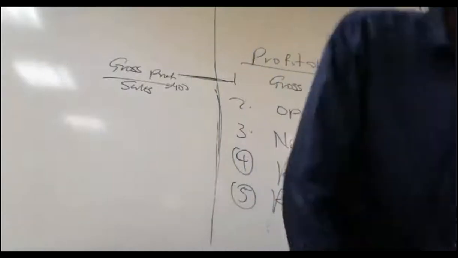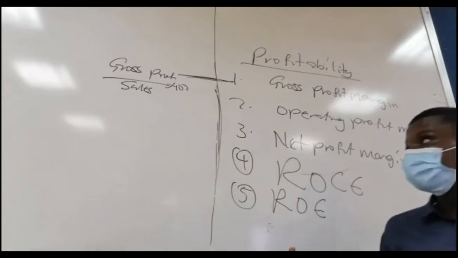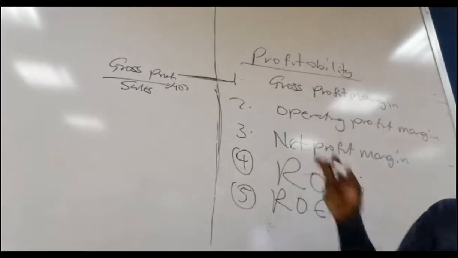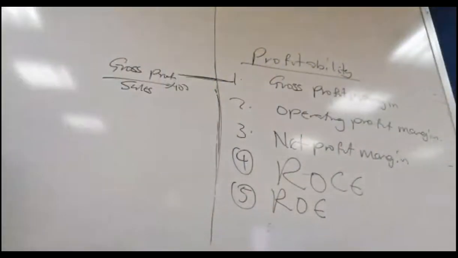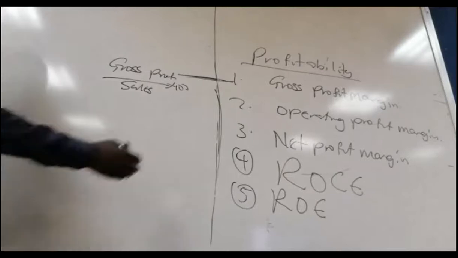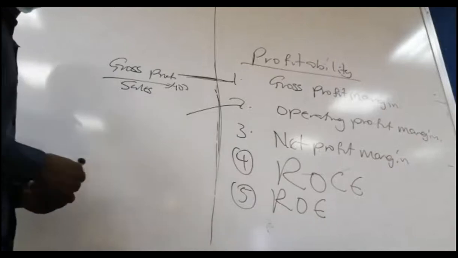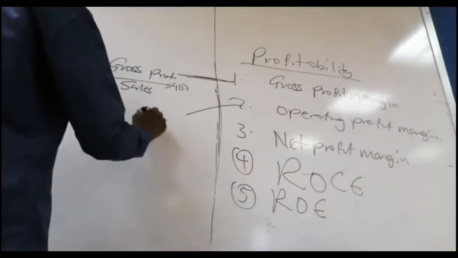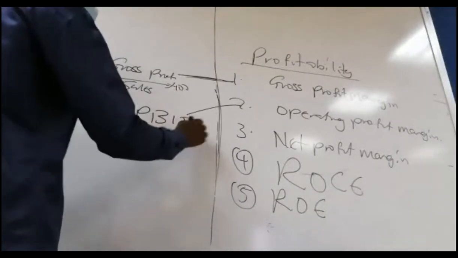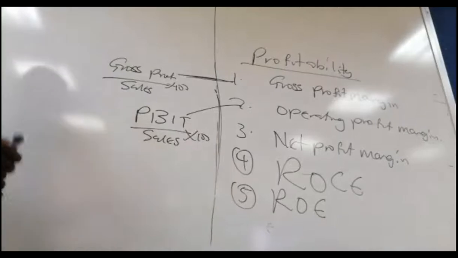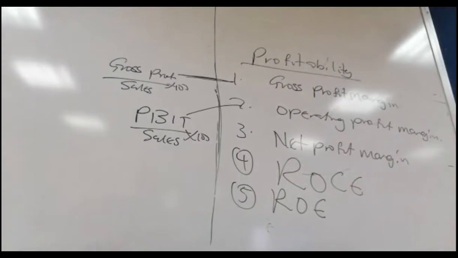Then operating profit margin will be operating profit over sales times 100. But the operating profit that we are talking about is profit before interest and tax. So it will be profit before interest and tax over sales times 100.